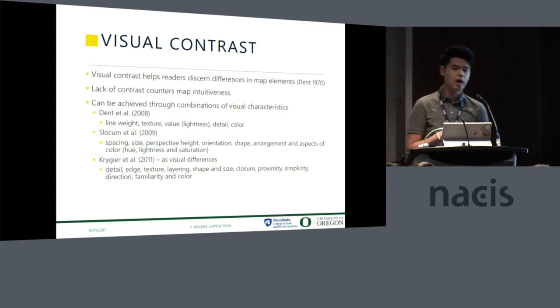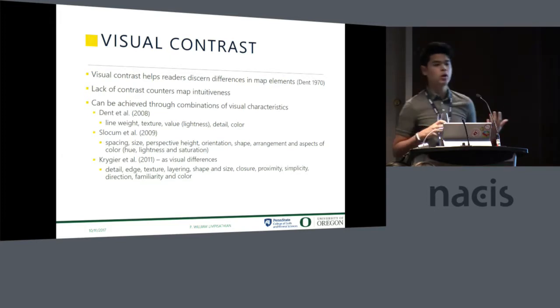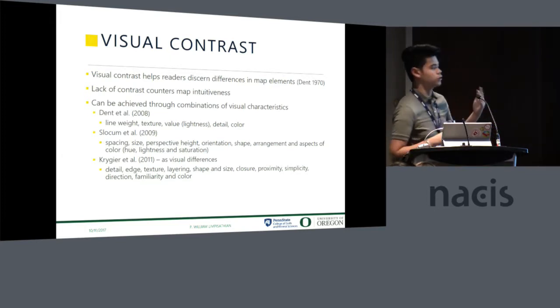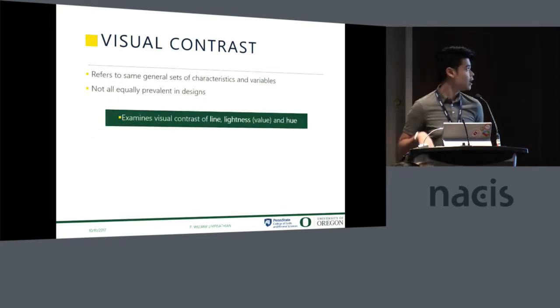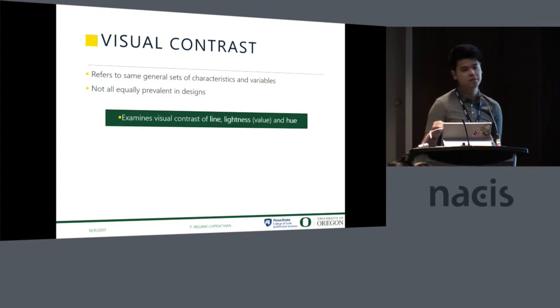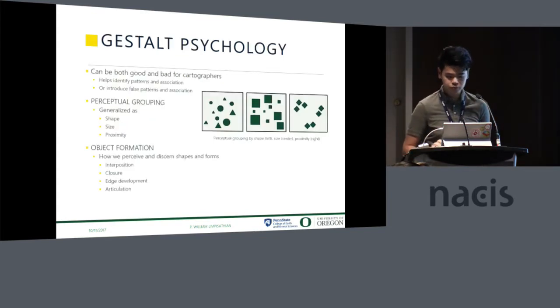So to do this, I pulled from cartographic literature on visual contrast. It's been well studied. A range of famous cartographers have gone through this. It's in every cartography textbook, so I'm not going to get too much into this. Different cartographers and different academics use different terms, but essentially to describe the same set of characteristics. But for me, I decided to focus explicitly on the visual contrast of line in combination with lightness and hue.